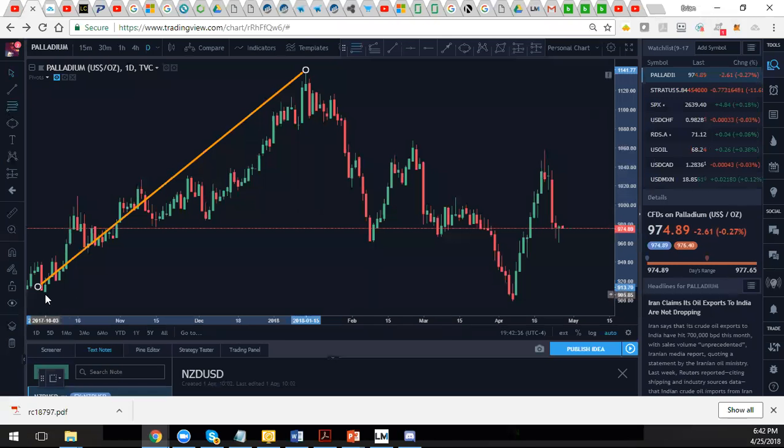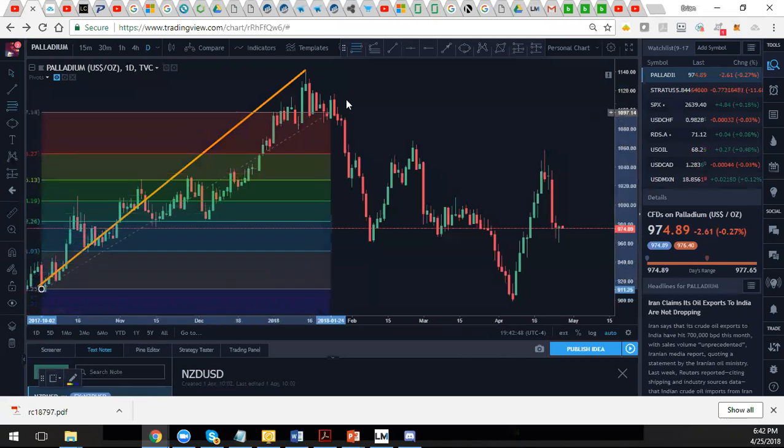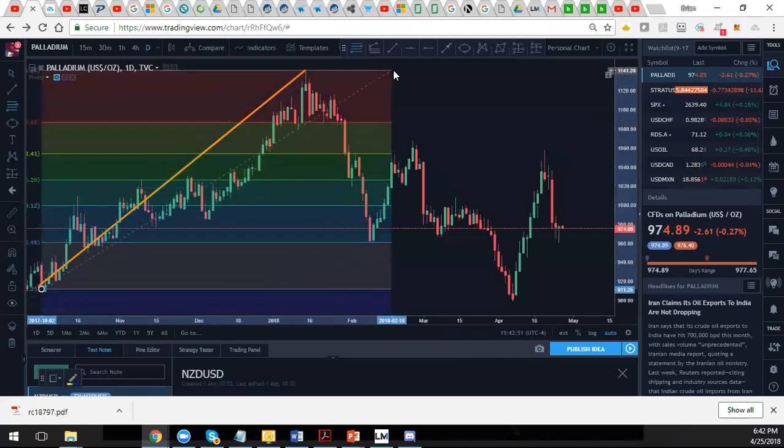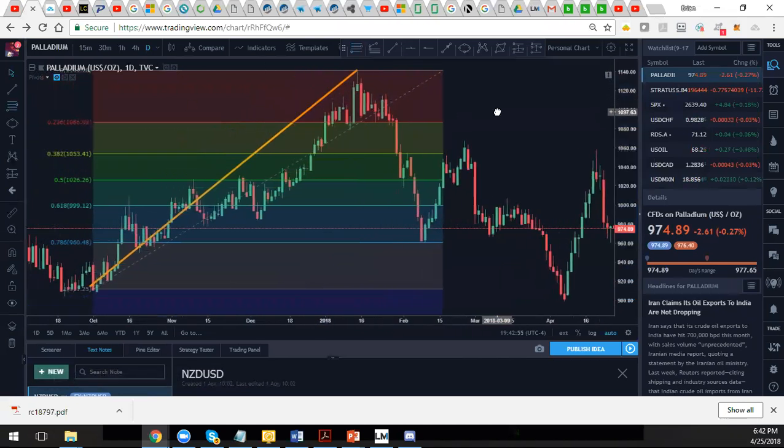Since it's a swing high, all we have to do is grab the Fib retracement tool and go from the bottom left of that swing to the top right of that swing, right? And that will bring out your Fib levels. And then you just identify the 0.618 retracement level and hope that price retraces off.